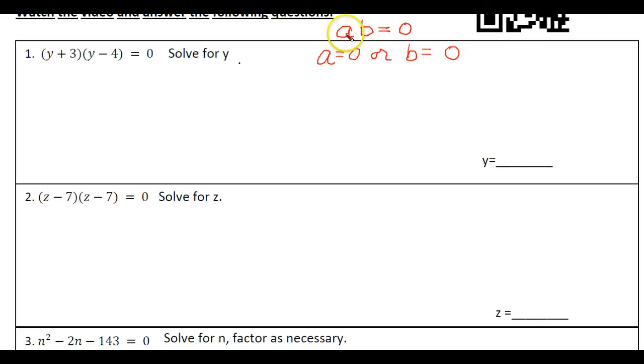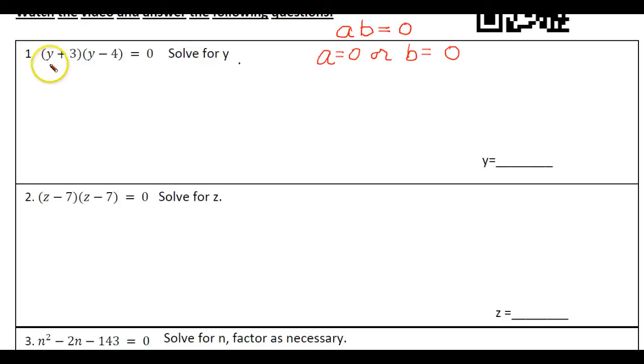This is called the principle of the zero factor: that in order for a product to be 0, one of the factors needs to be equal to 0.